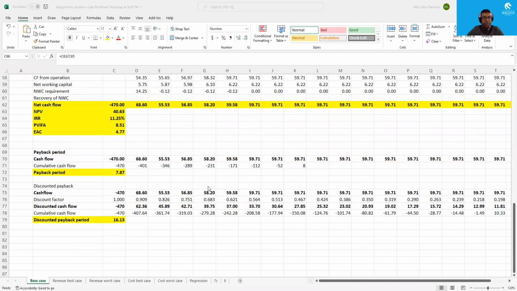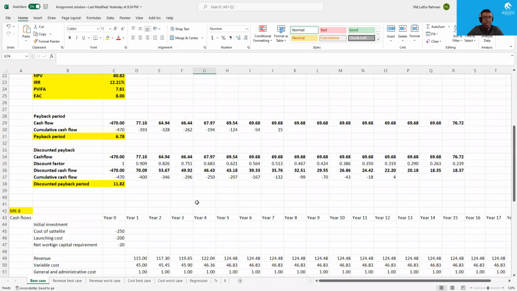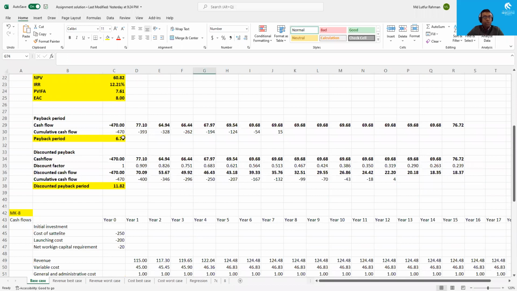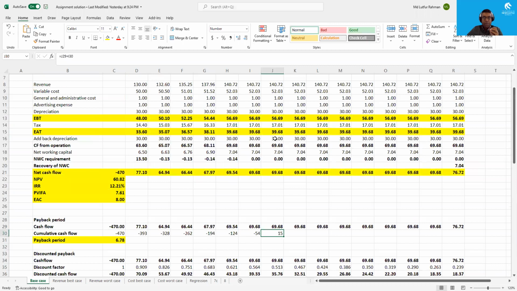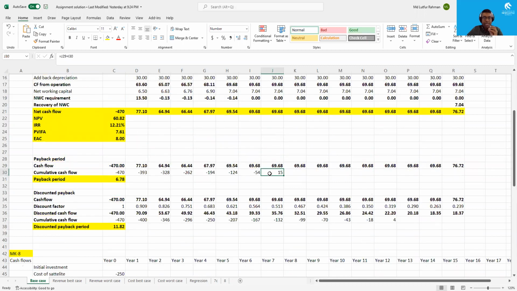You also have calculated payback mostly correctly. So for payback period, what we do, first of all, we have cash flows. We calculate cumulative cash flow and we find out where this cash flow turns positive, which means that is the payback year, right? For example, here, year 7 is the payback year.